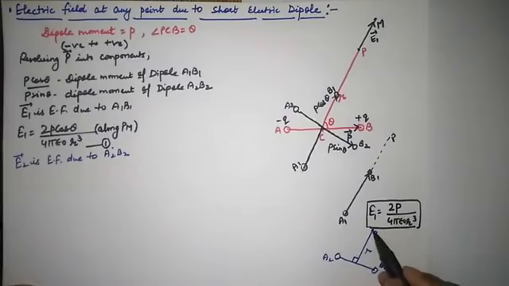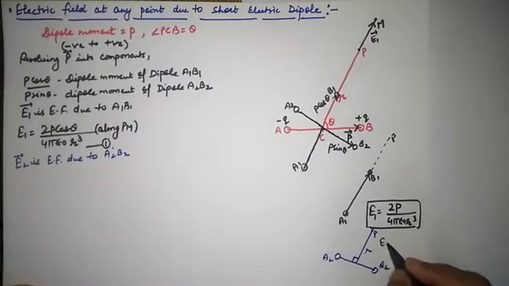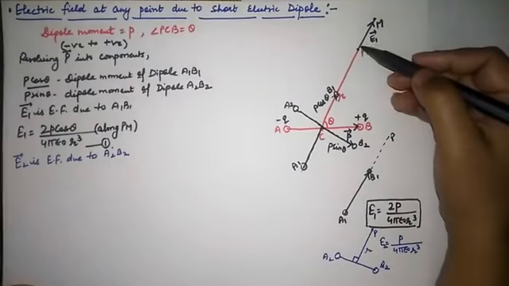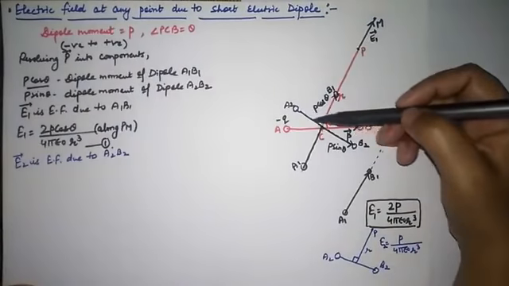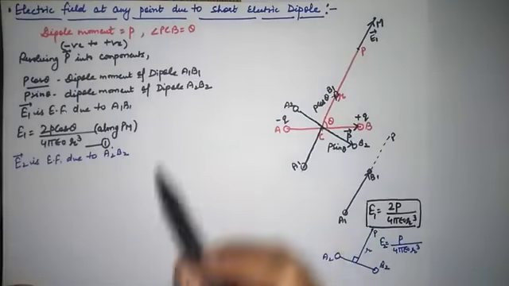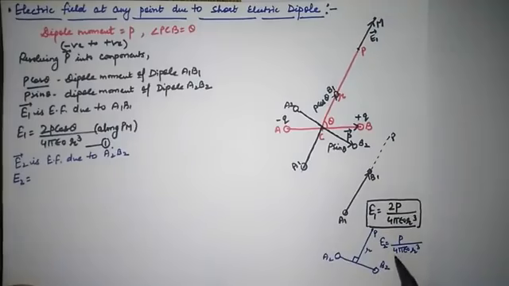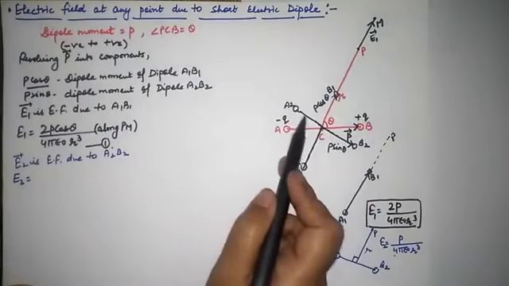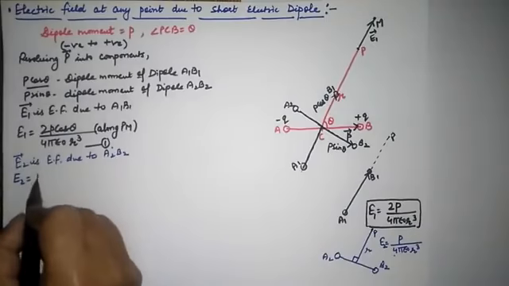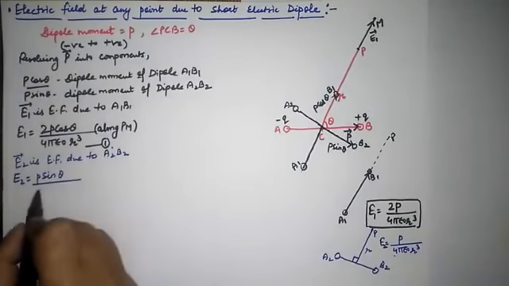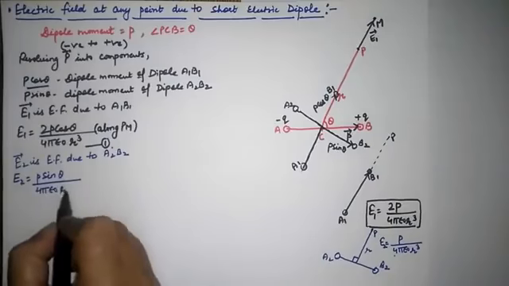And we know the expression for electric field on the equatorial line of a dipole: E is equal to P upon 4 pi epsilon naught r cube, and suppose it is written as E2. So E2 is equal to P upon 4 pi epsilon naught r cube, where P here is P sin theta. So it is P sin theta upon 4 pi epsilon naught r cube.